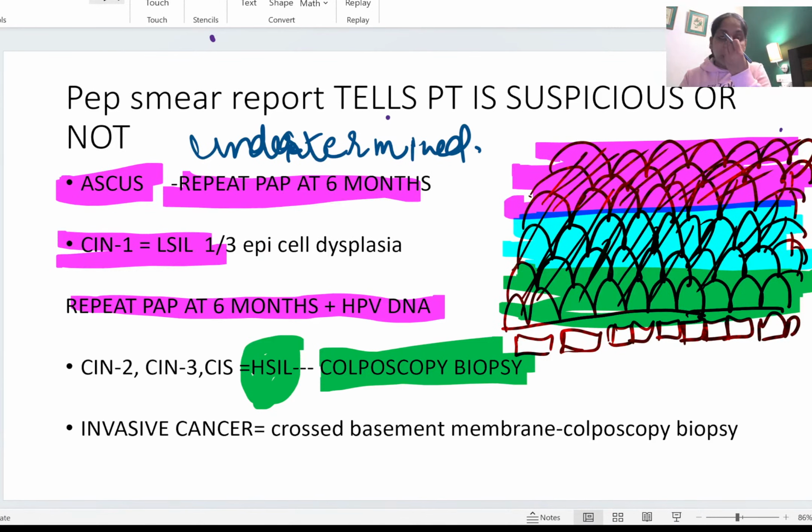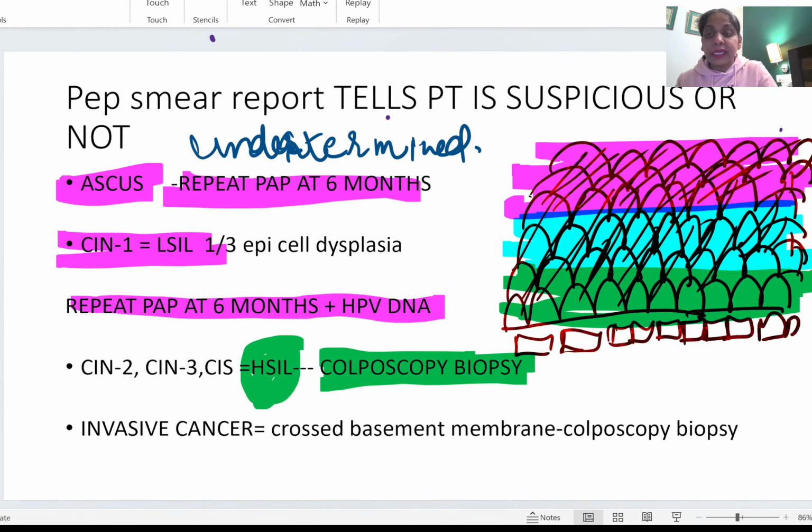So we have to confirm. Pap smear is a screening test, so we have to confirm it. Now, if the dysplasia has invaded the basement membrane, this is the basement membrane, right? These lower cells.